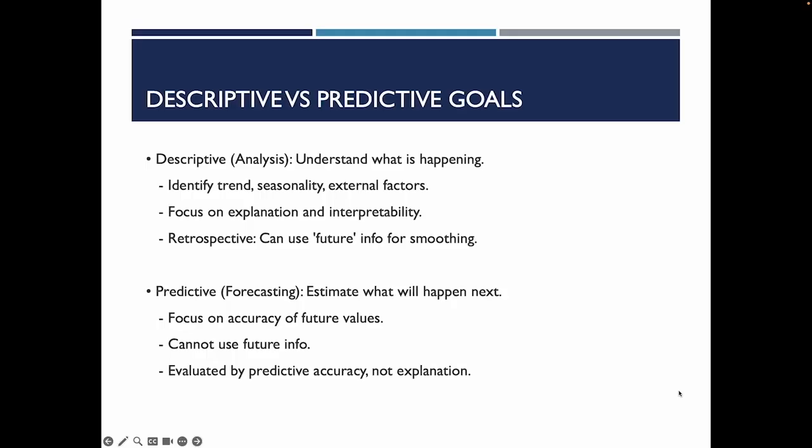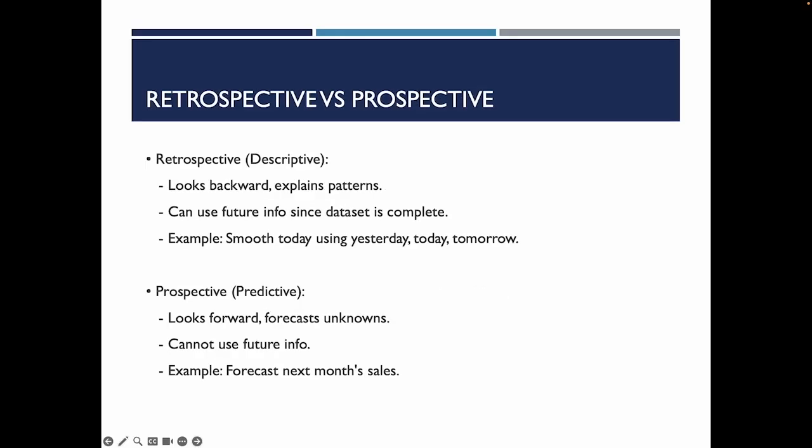So sometimes we're using machine learning techniques in this case. And these two goals are connected to two words. The descriptive, we call it retrospective because we look back, and prospective because we look ahead, we look forward, right? And we forecast the unknown for the predictive.